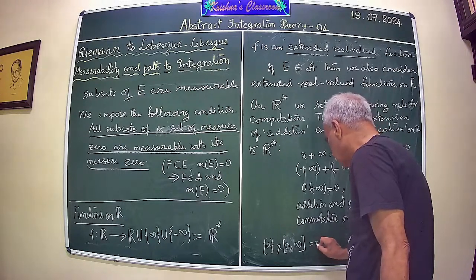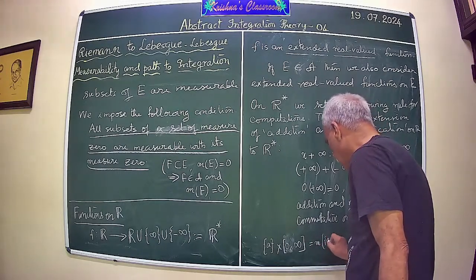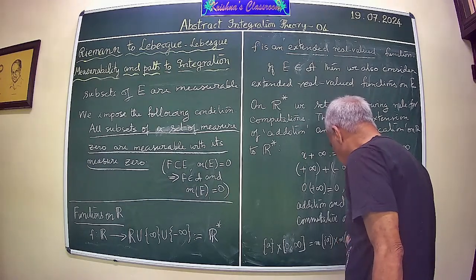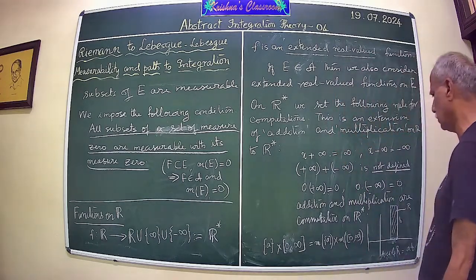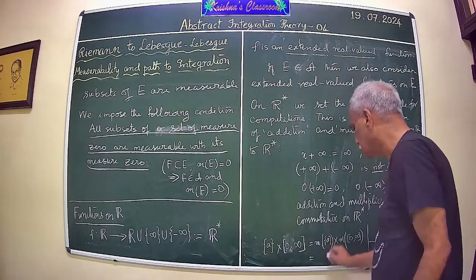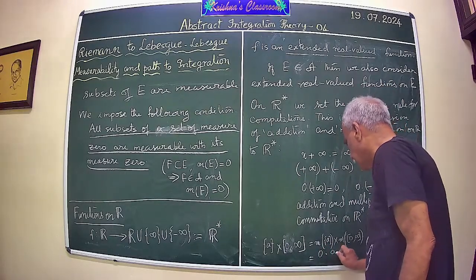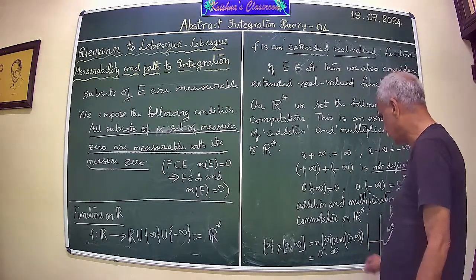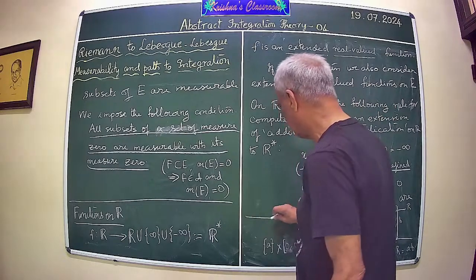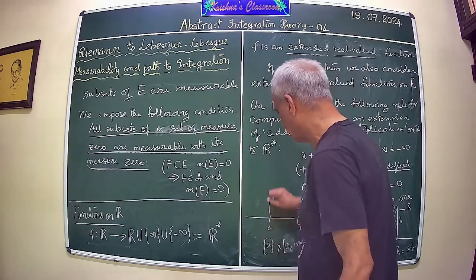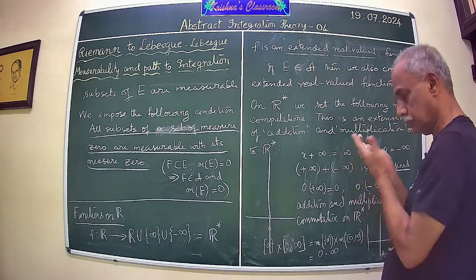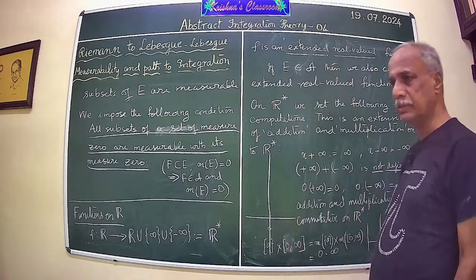Therefore, the measure of this is 0 times infinity. And this is actually a line. What is the area enclosed by a set of points on a line in R2?